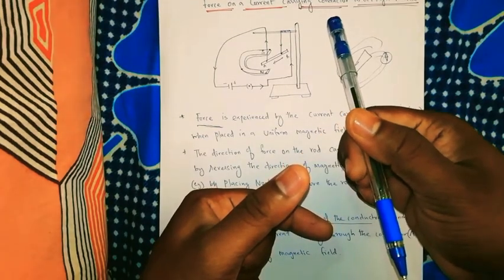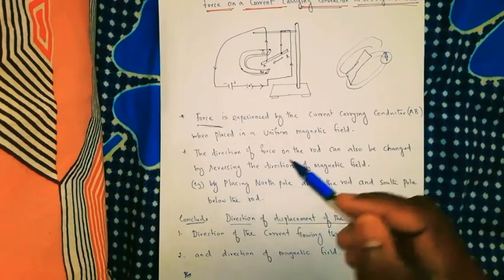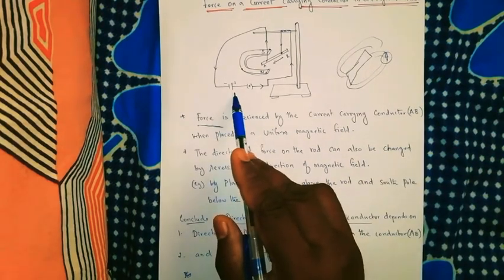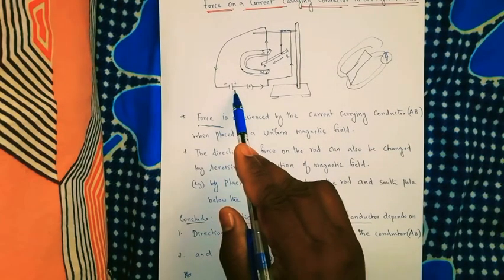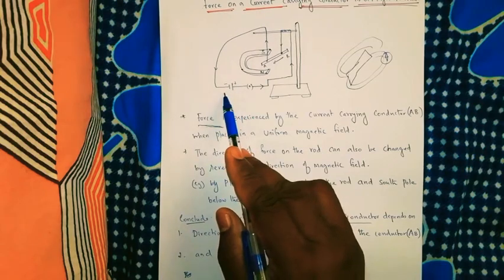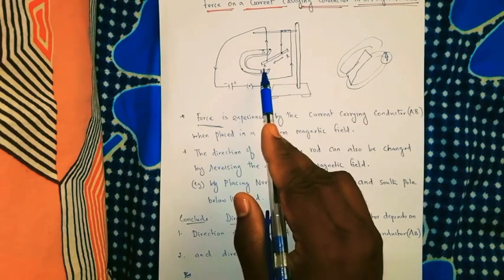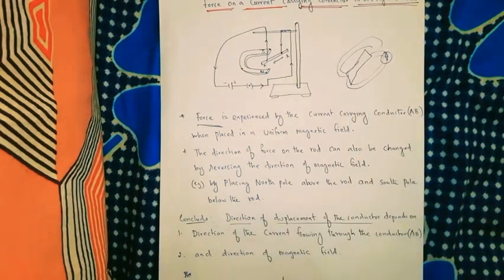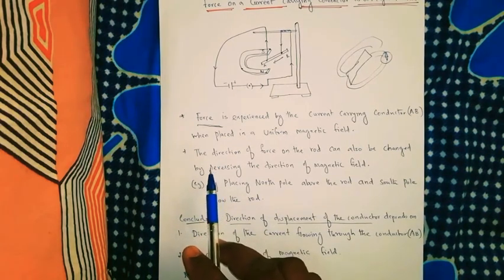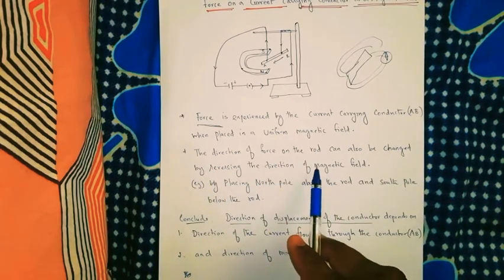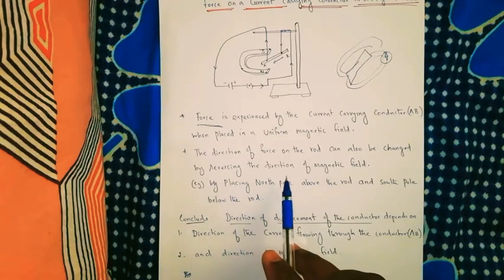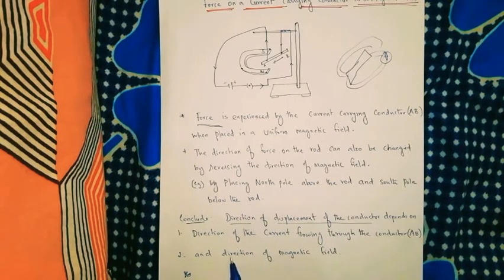Or we can change the battery. For example, here you make it negative and here you make it positive, then also the movement will be reversed. The direction of the force on the rod can also be changed by reversing the direction of the magnetic field.